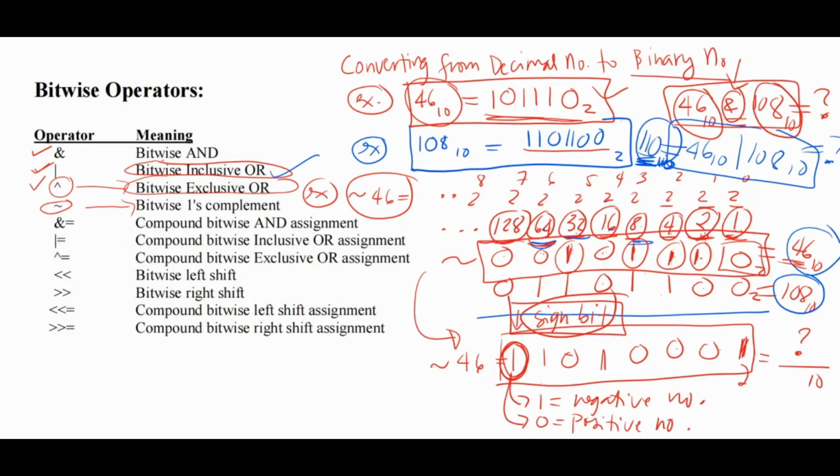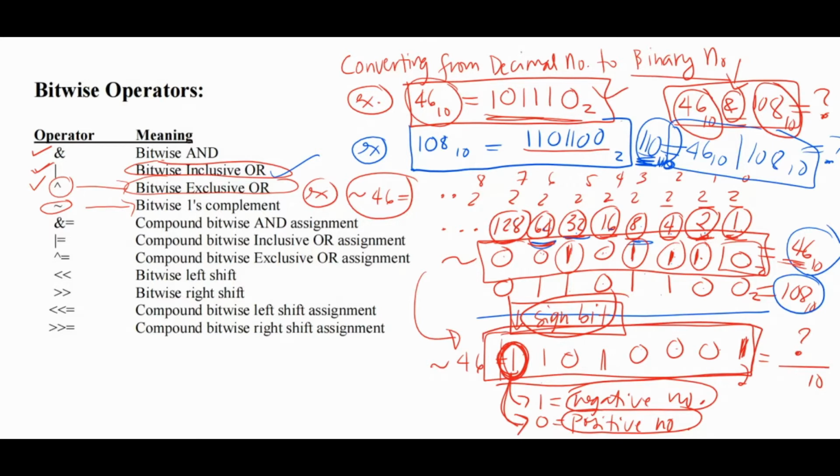When it is equal to 1, like in this case, it tells us that this number is a negative number. But if it is 0, it tells us that this number is a positive number. And since the sign bit here is 1, this value is a negative number.